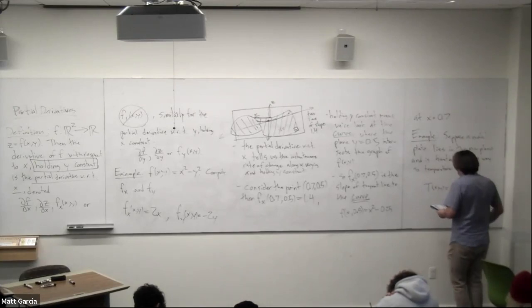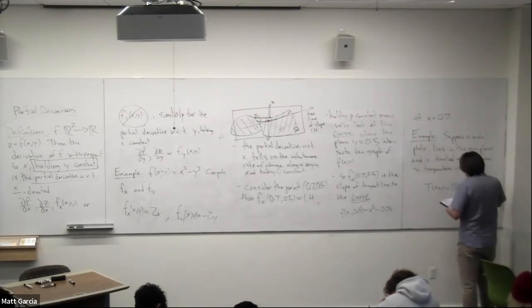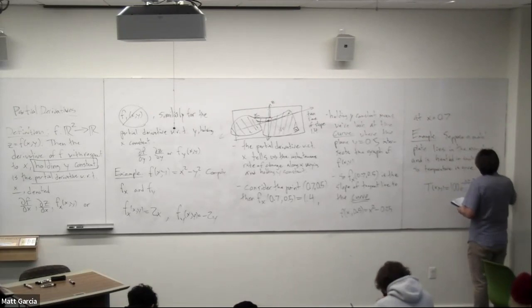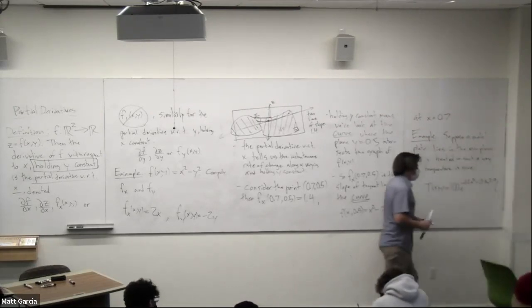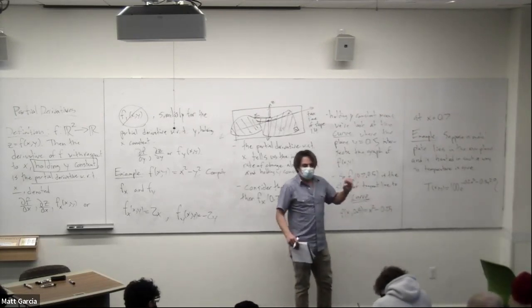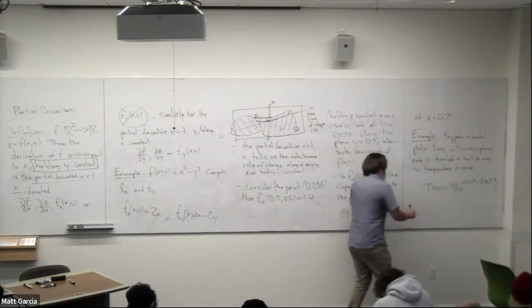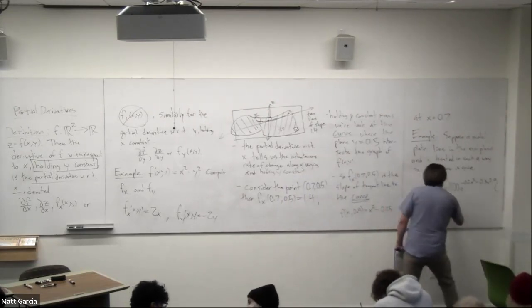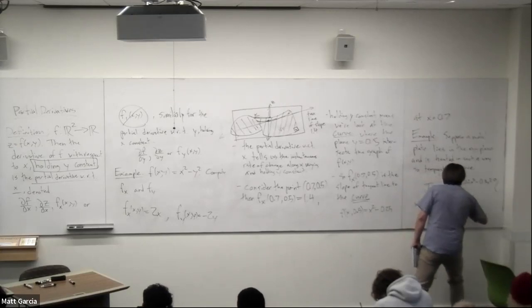P of x, y is equal to 100 times e raised to the negative 0.2 x squared minus 0.3 y squared degrees Celsius. Giving you units here. Physically motivated problem, right? Where x and y are in meters.